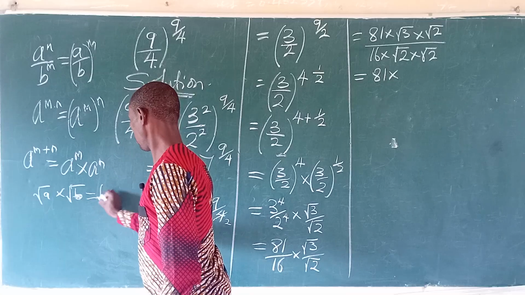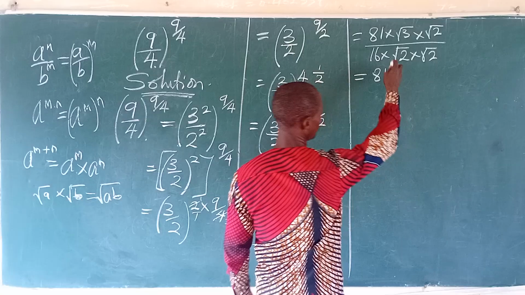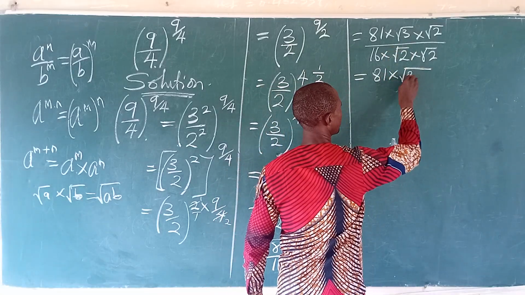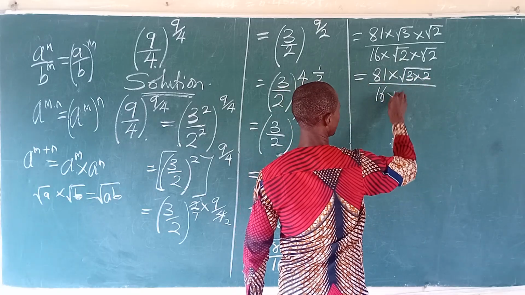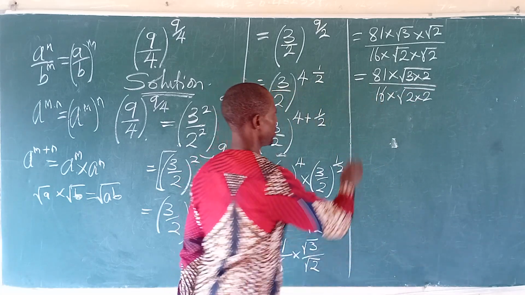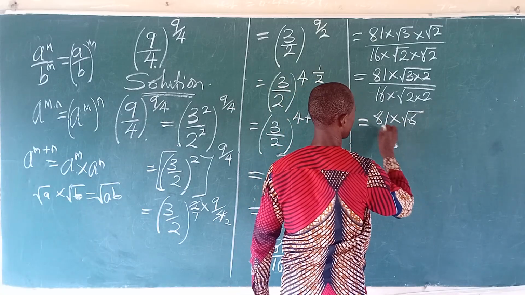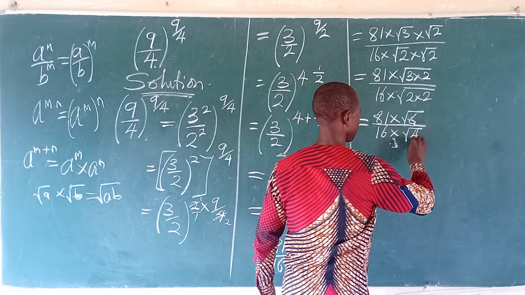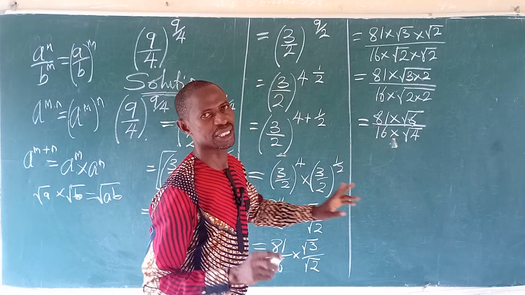So this is going to give us root of 3 times 2 all over, we do the same thing, 16 times root of 2 times 2. And so this is going to give us 81 times root 6 all over 16 times root 4. 6 is not a perfect square, so we're going to leave it in that format.